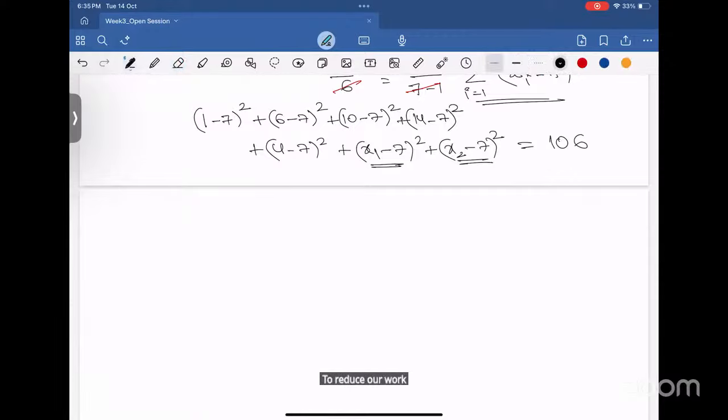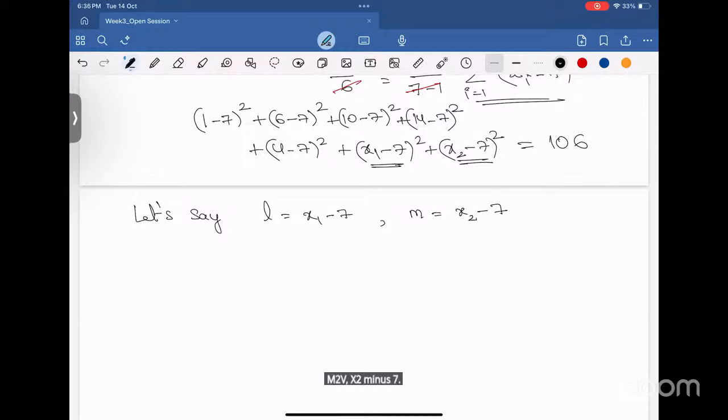Let's say L is x1 minus 7 and M is x2 minus 7.